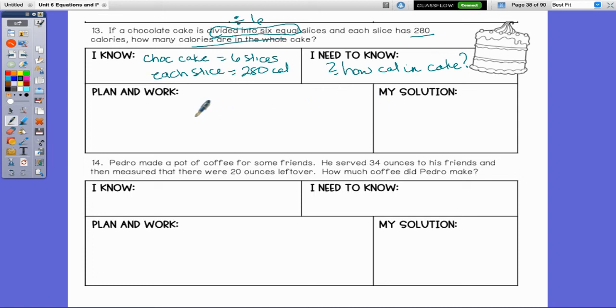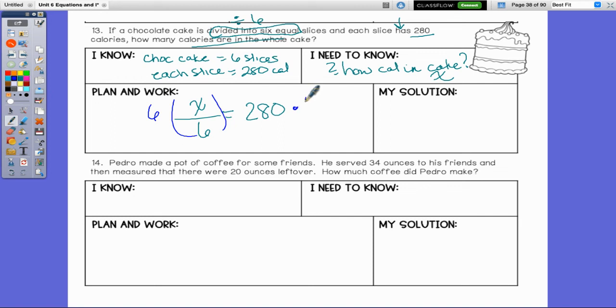Okay, so my plan and my work. I don't know how many calories. Divided into those 6 pieces is 280 calories. Okay, see how I found that? This is division. What is the opposite of division?